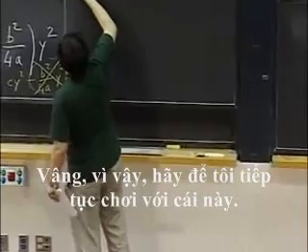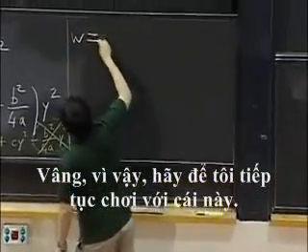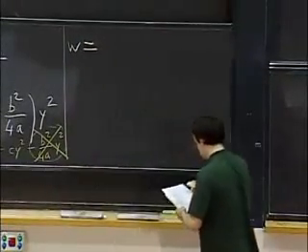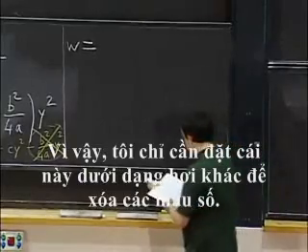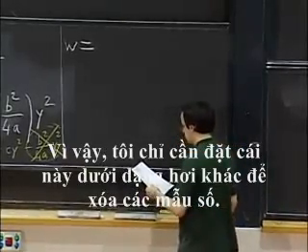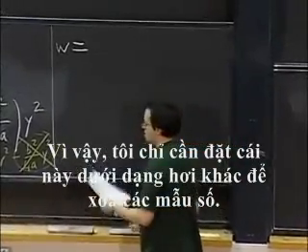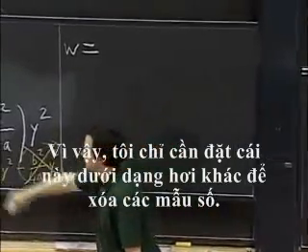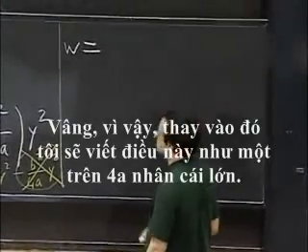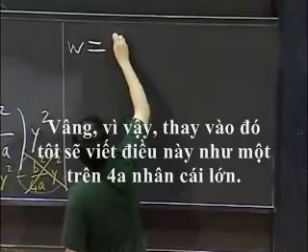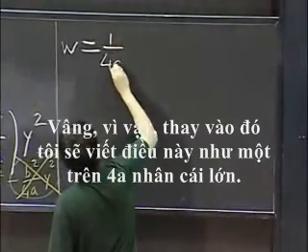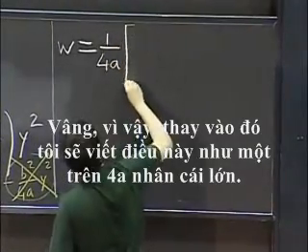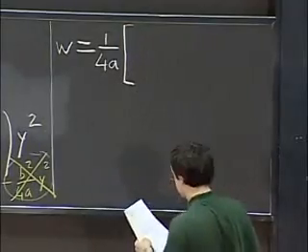Okay, so let me continue to play with this. I'm just going to put this in a slightly different form, just to clear the denominators. So I will instead write this as 1 over 4a times a big thing.